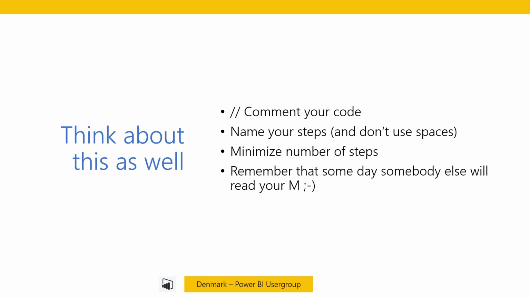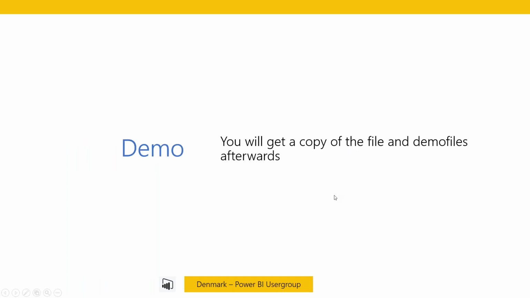That can actually be done in one step instead, just by modifying the M code. That will make your code much easier to read. And remember that someday somebody else will have to read your queries, so clean up after yourself. That will also help you when you look at it in 6 or 7 months.